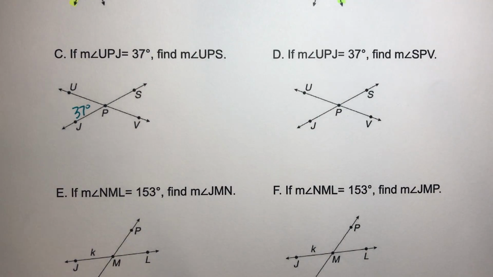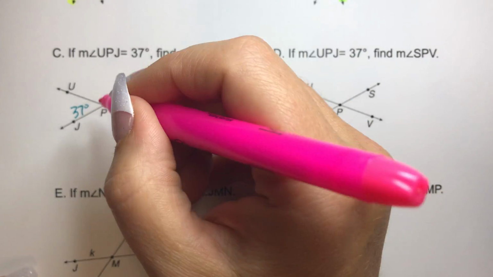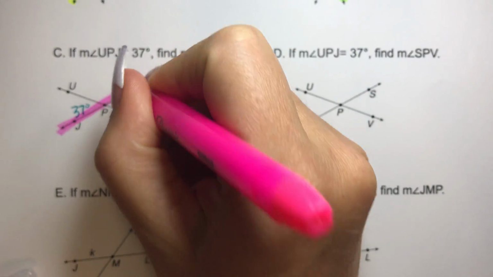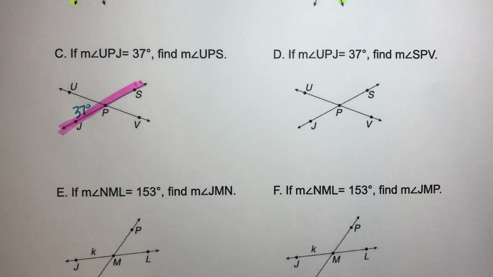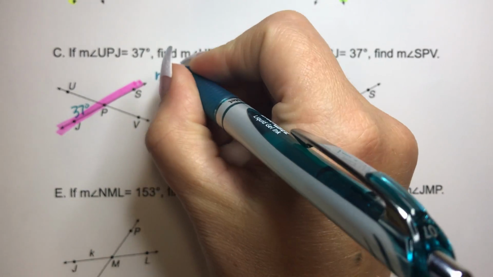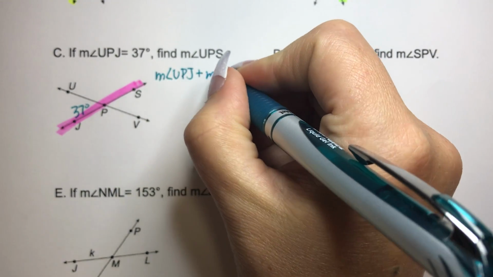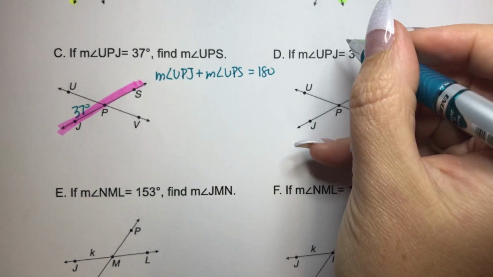If I look at those two angles, they create a straight angle, which is 180 degrees, which means these two angles added together are supplementary angles. So we can say that the measure of angle UPJ plus the measure of angle UPS is equal to 180 degrees.